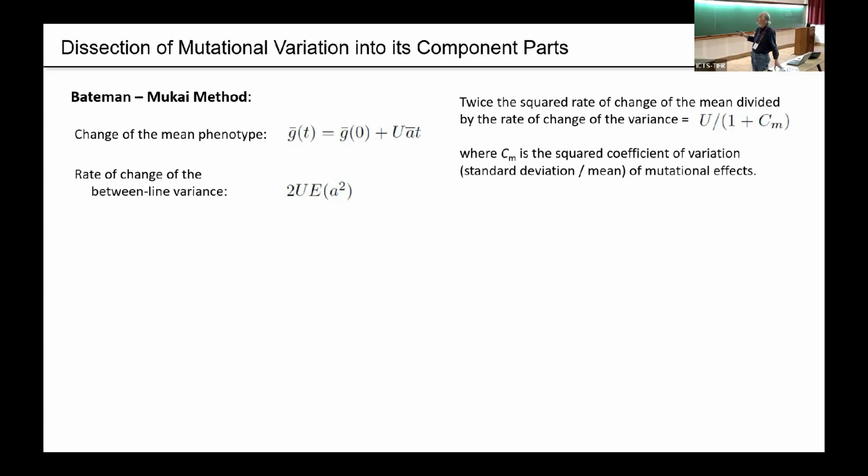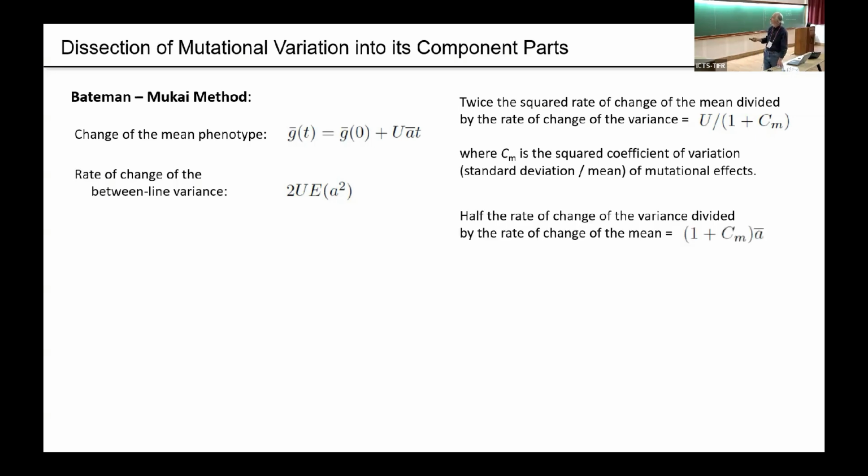So this provides a, let me get to this in a second. And then you can play another trick. If you take half the rate of increase in variance, and divide by the mean, you get an algebraic thing that looks like this. But there is that ugly squared coefficient of variation of mutational effects again.